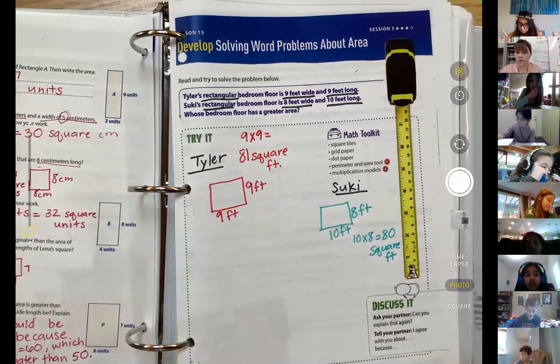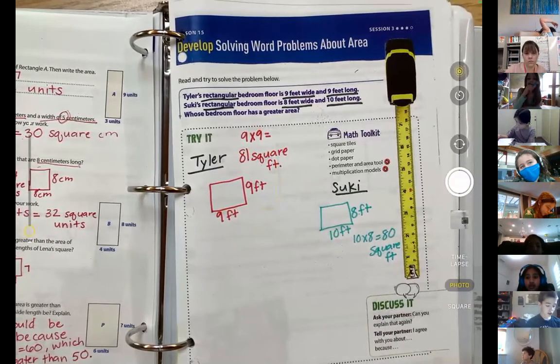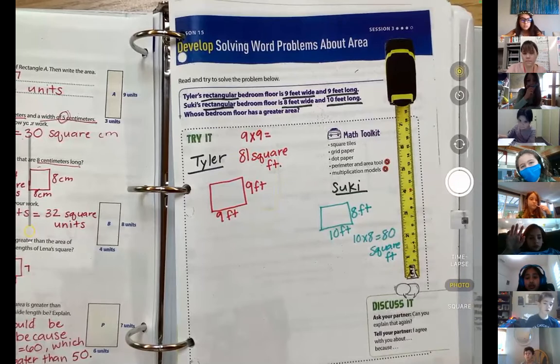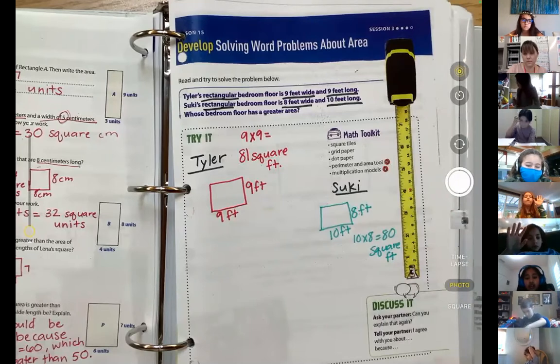So my hand is not working virtually, so I'm just using this one because when I press it, it's not showing up. The raise hand button is not showing up for me. I'm clicking on it, but it doesn't show. I don't know. I don't have a solution for that. But I'm just gonna use this hand.